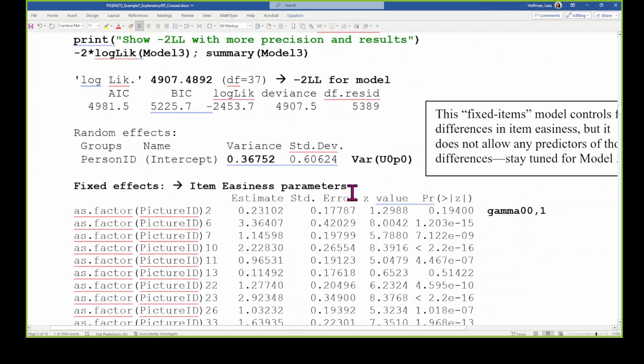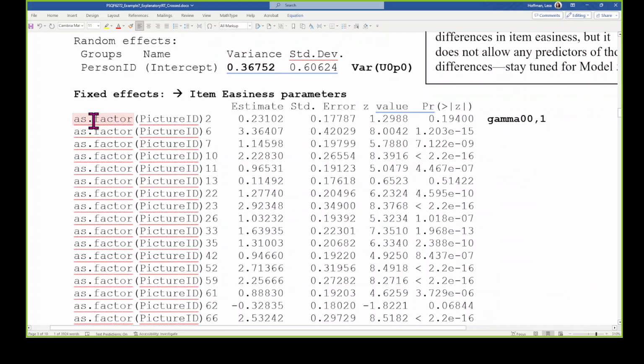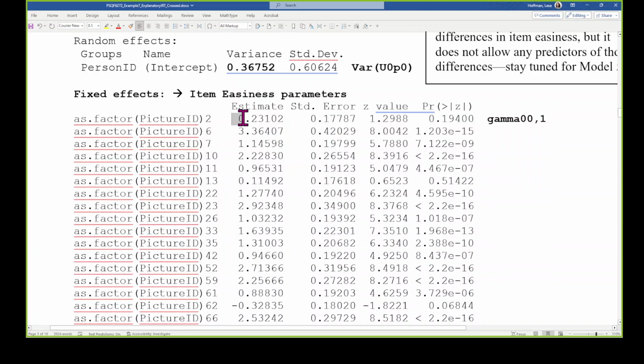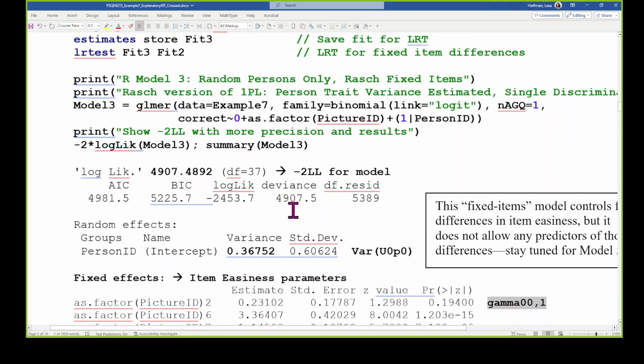So then, here's the solution. These are the means per item in logits. So picture 2, fairly low in accuracy. Picture 10, fairly high. And I have the labels out here trying to help us.